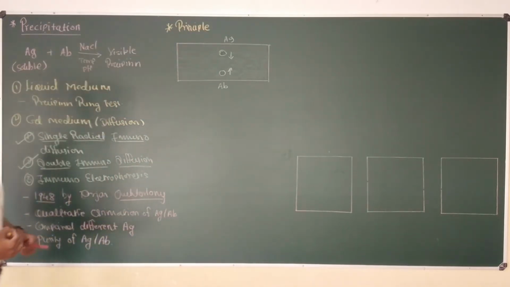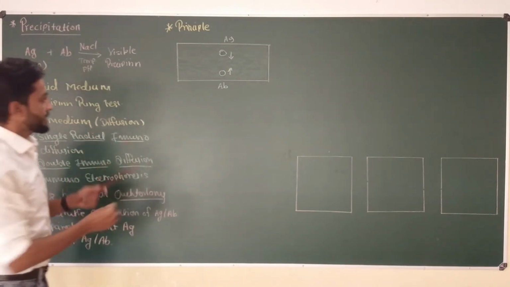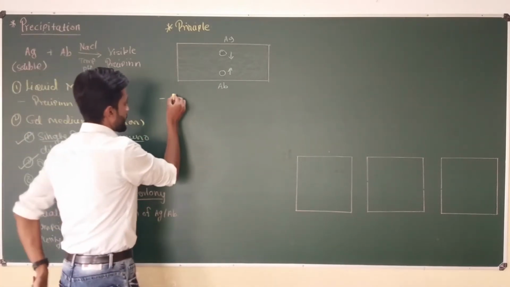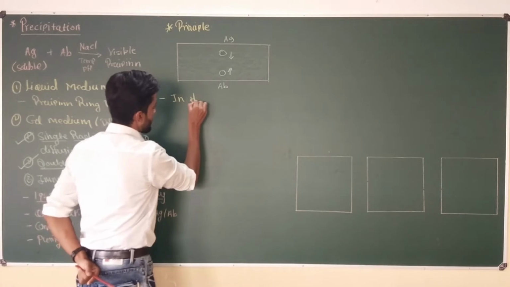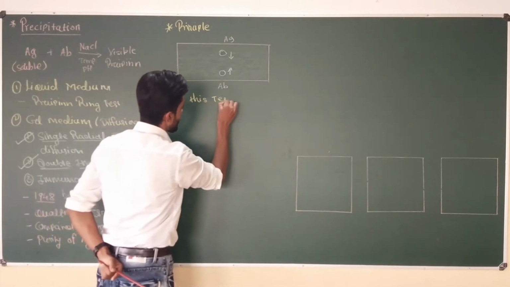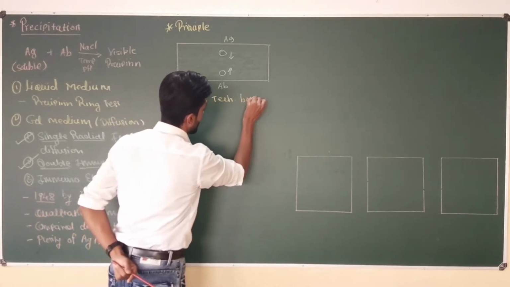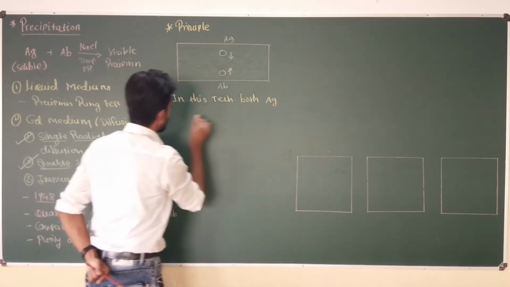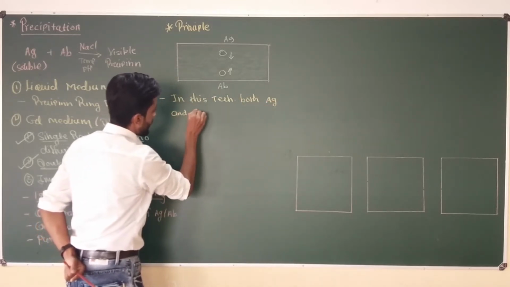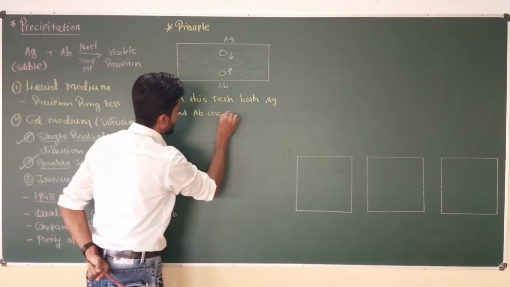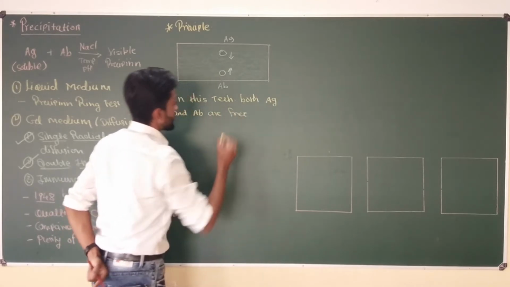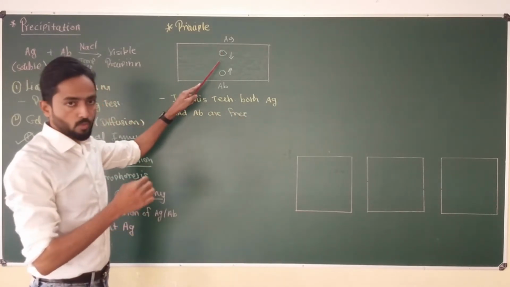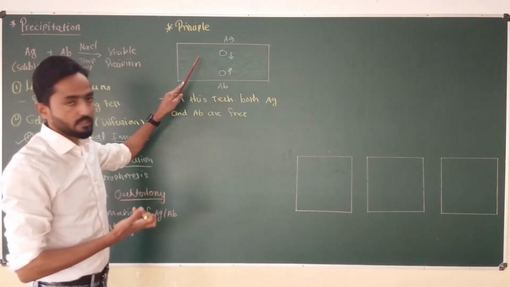If we consider the principle of double immunodiffusion, in this technique both antigen and antibody are free. They can diffuse towards one another radially in the gel.